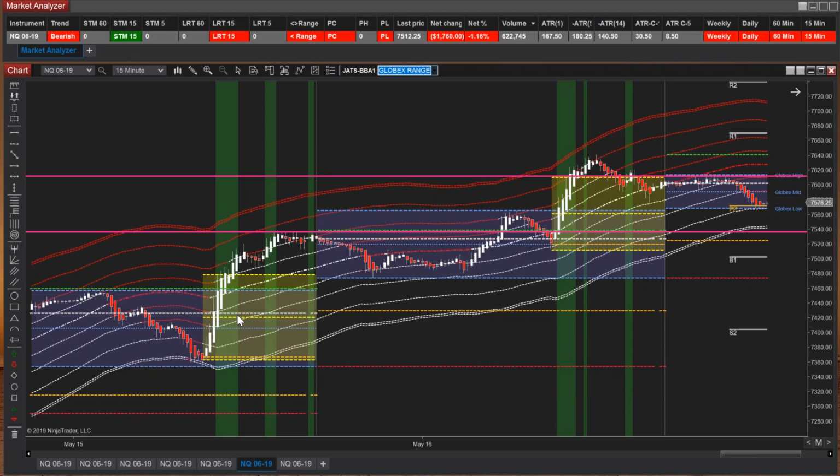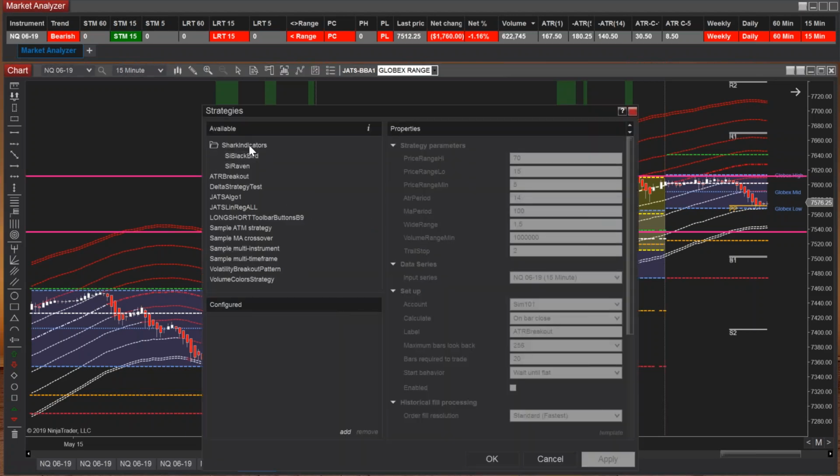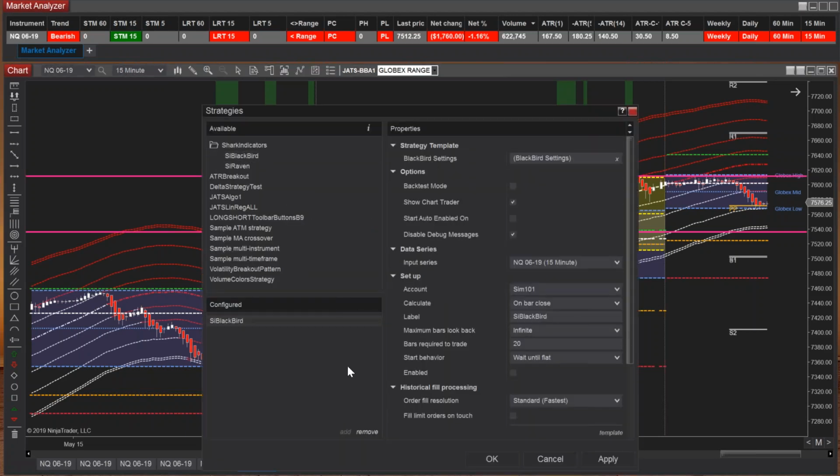You can create your own BloodHound template and put that in Blackbird as a condition. And I'll show you how to set that up real quick. It just takes a second. So you put Shark Indicators Blackbird on your chart, enable it, make sure it's in your SIM account for testing.